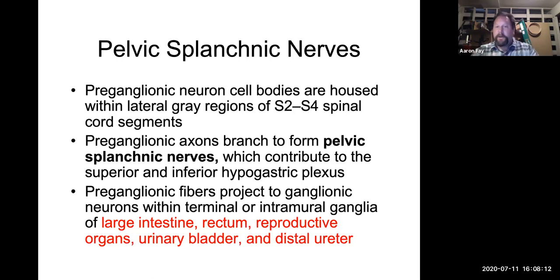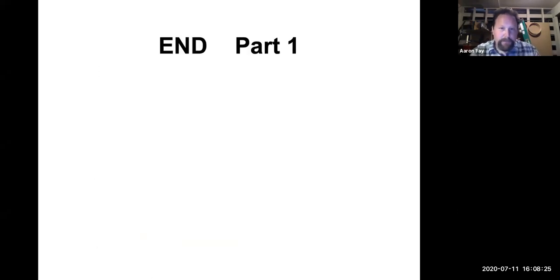So these are controlled by the pelvic splanchnic nerves, part of your parasympathetic autonomic nervous system, your rest and digest.